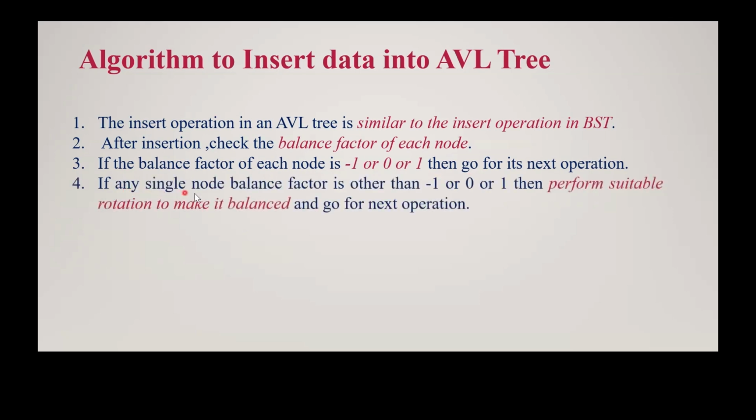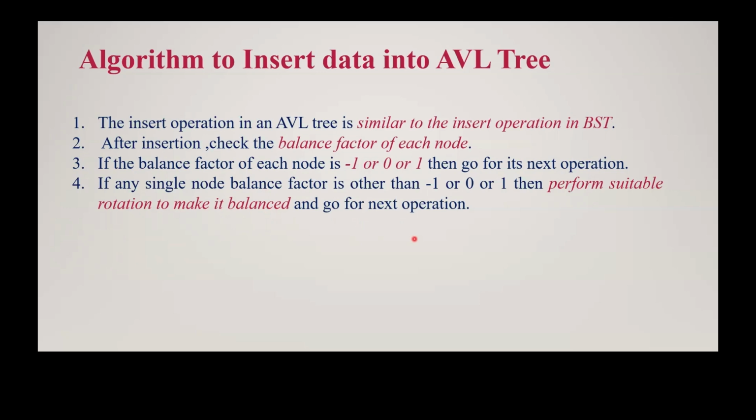If any single node's balance factor is other than -1, 0, or +1, then we have to perform a suitable rotation to balance the tree. After balancing the tree, we can go for the next operation. This is the difference between insertion in a binary search tree and an AVL tree.